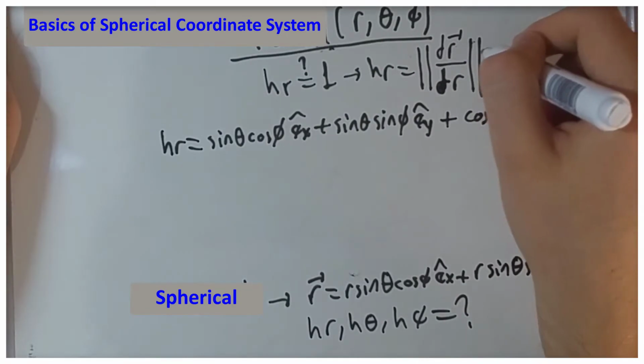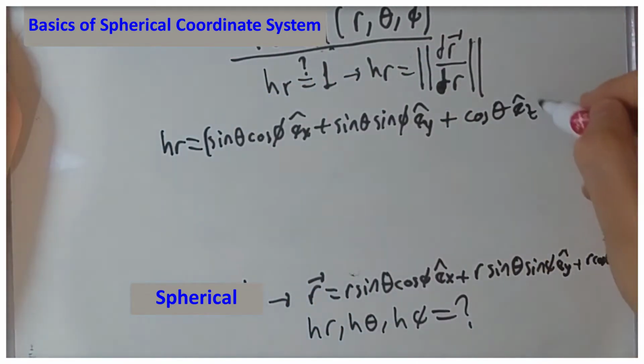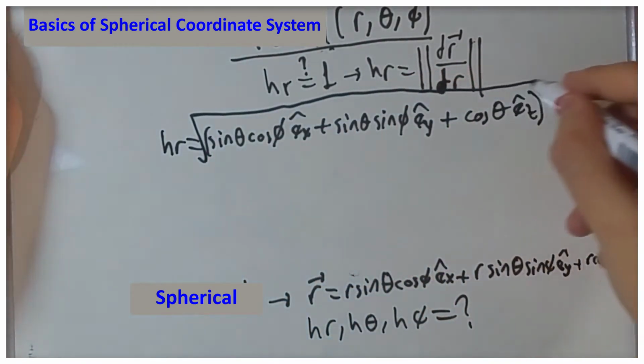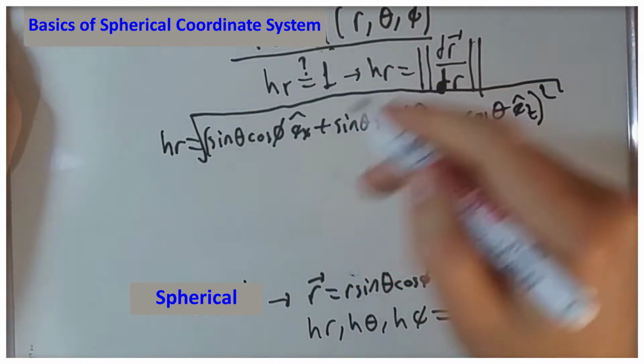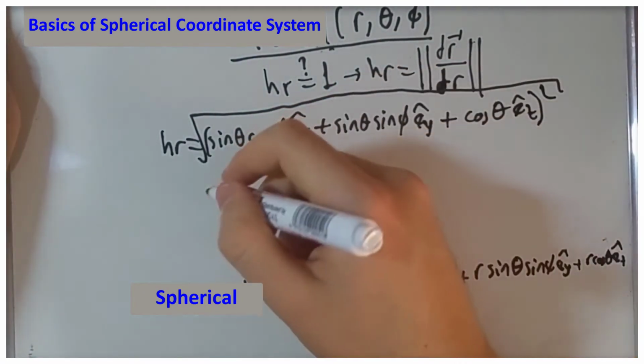I want to find the magnitude of this and find it that way. What will happen when I find it, guys? It will come in the form of squares of these.